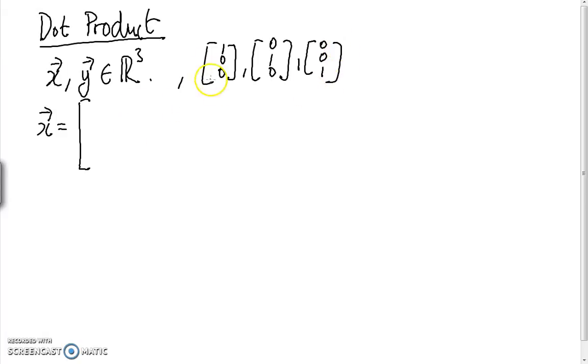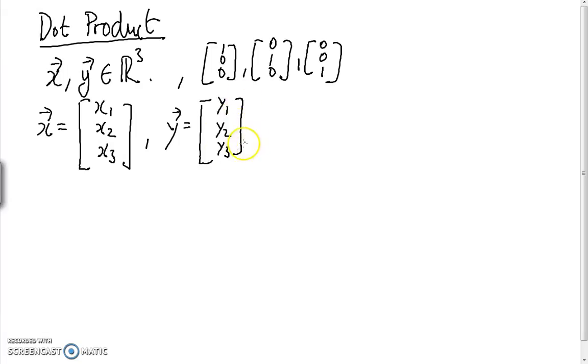And let's say it has coordinates x1, x2, x3, and y has coordinates y1, y2, y3.